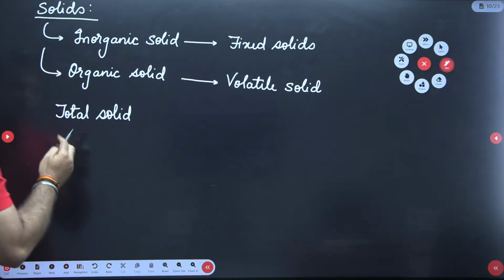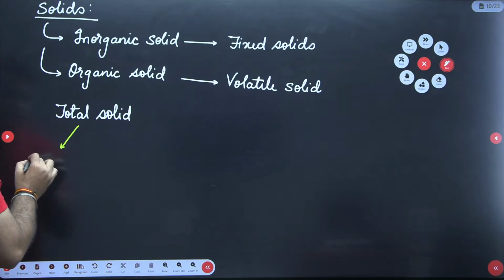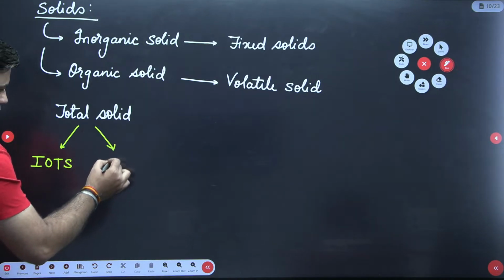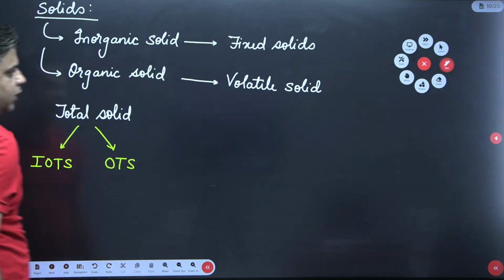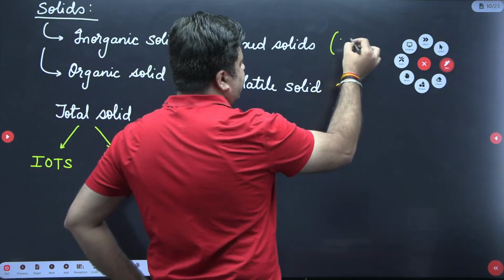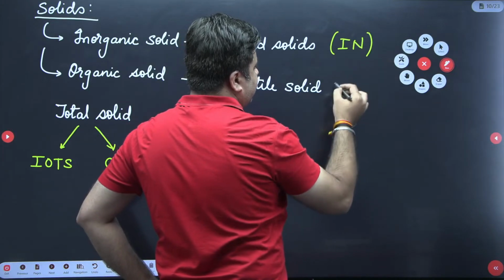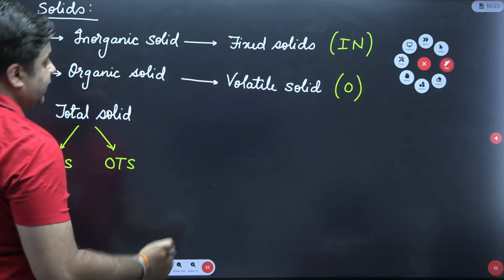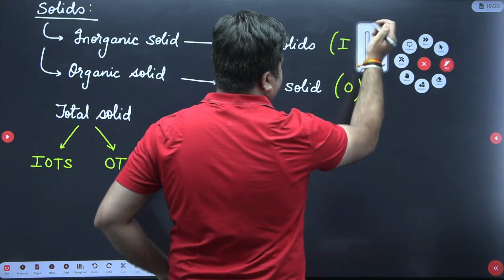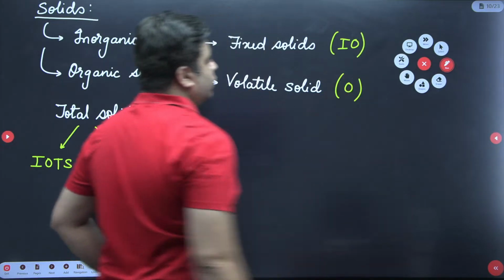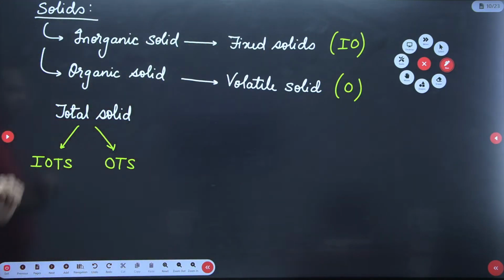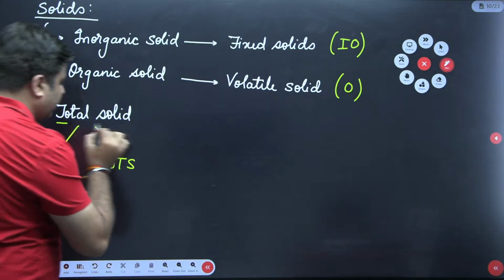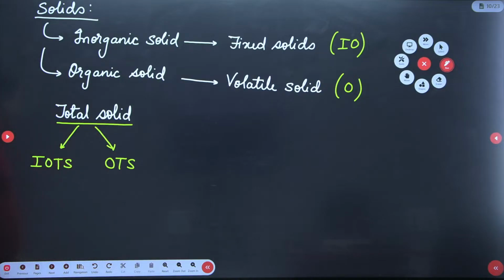Inorganic total solids, I am using the notation IO, not IN, for inorganic, and O for organic. So total solids are of two types: inorganic total solids or organic total solids.